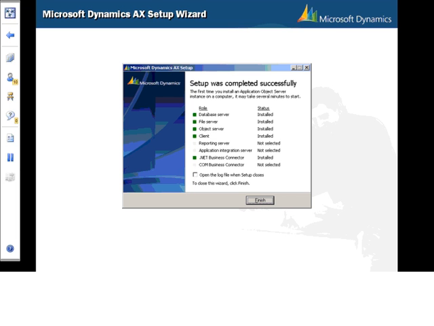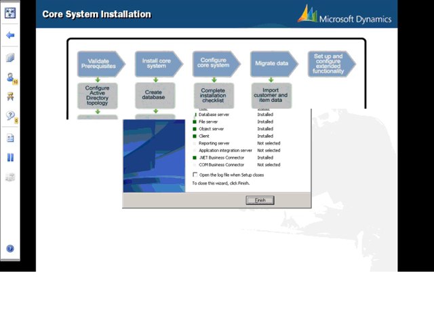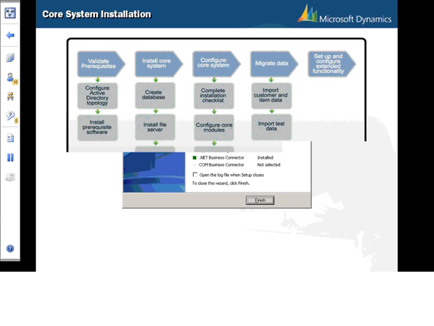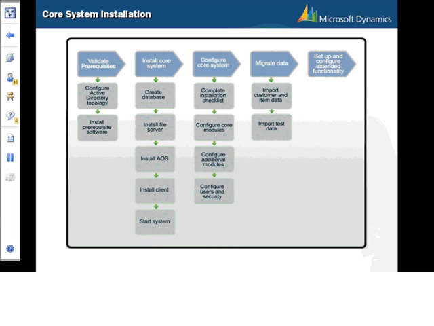So let's have a look at our diagram slide again. During that presentation, we went through the following steps. We went through validating prerequisites, so we made sure that we have the Active Directory and the SQL Server and databases.